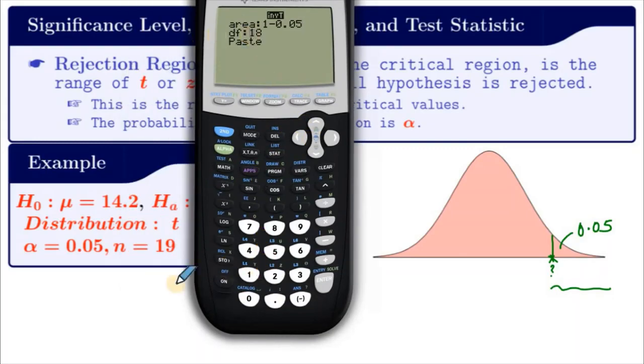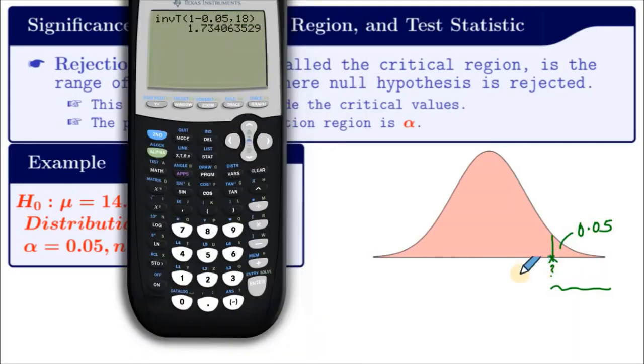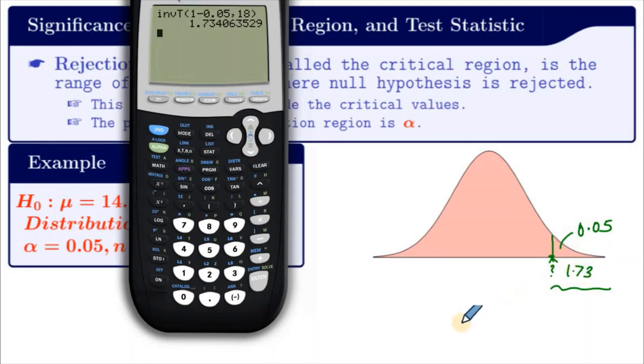Our degrees of freedom is n minus 1 and here our n is 19. So 19 minus 1 is 18. So let's enter that, then hit enter. So our critical value here is 1.73. So let me put that down here, 1.73. This value is this point here. So here the rejection region can be written as t greater than 1.73.